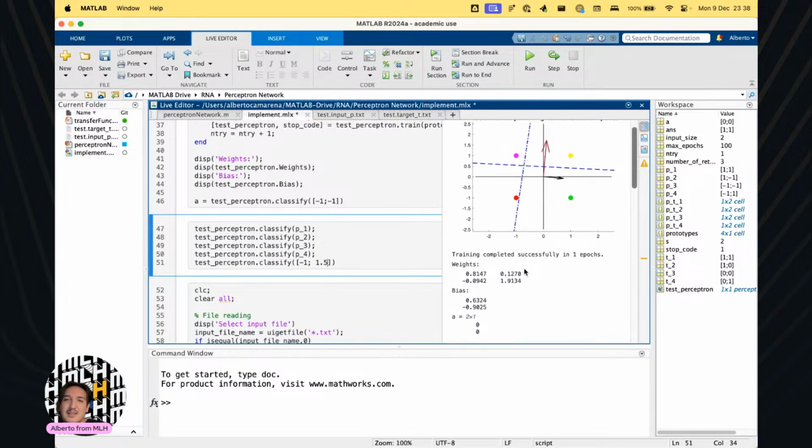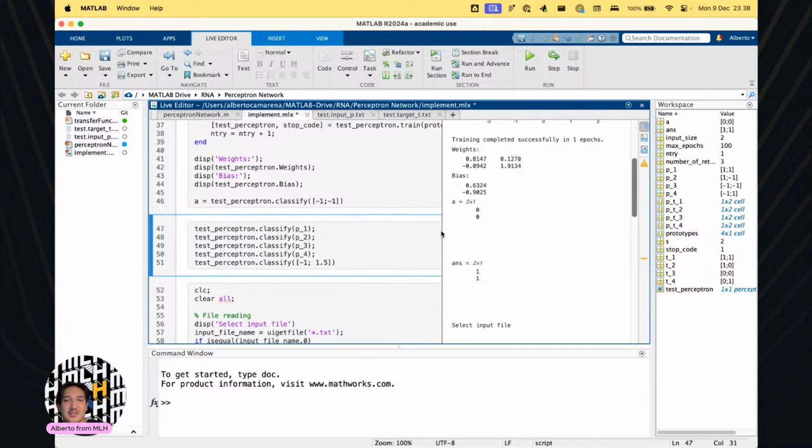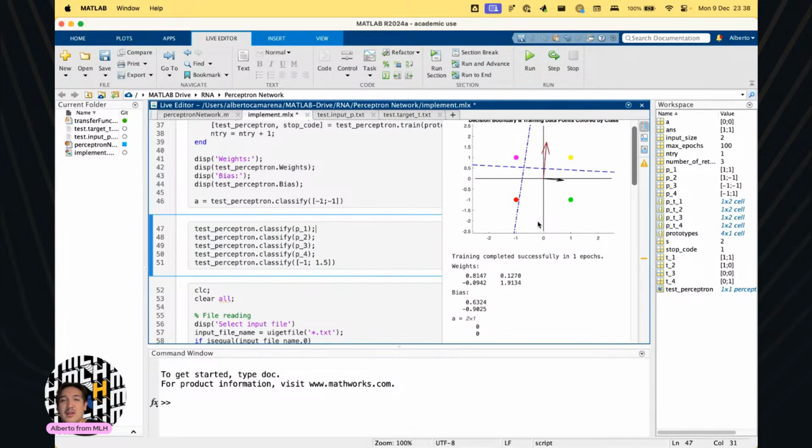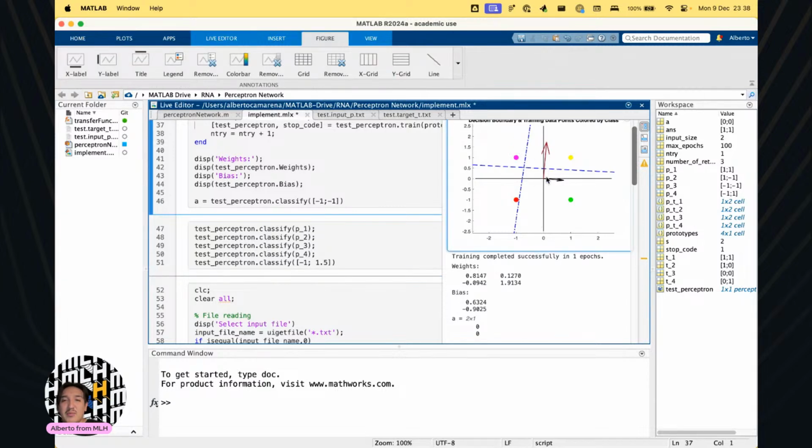Didn't realize this was failing because I tested with the prototype vectors. It's because the slope is so close to the right point. No, but the point should be around here over the magenta because this is minus one.